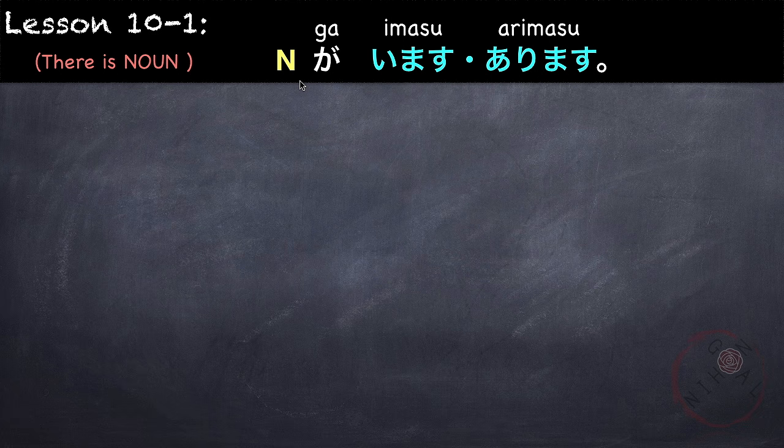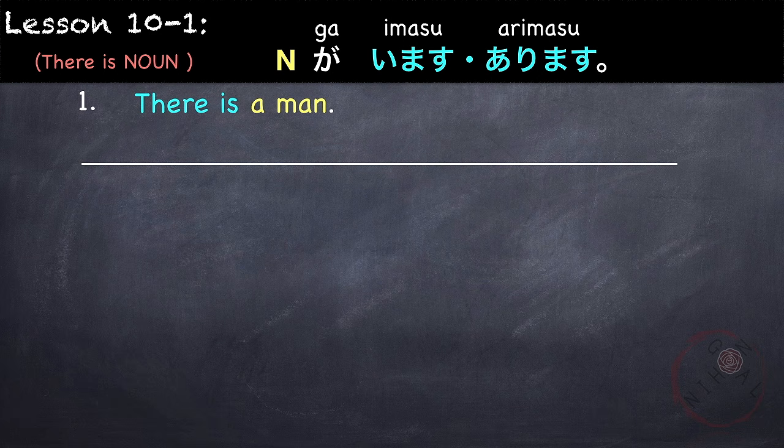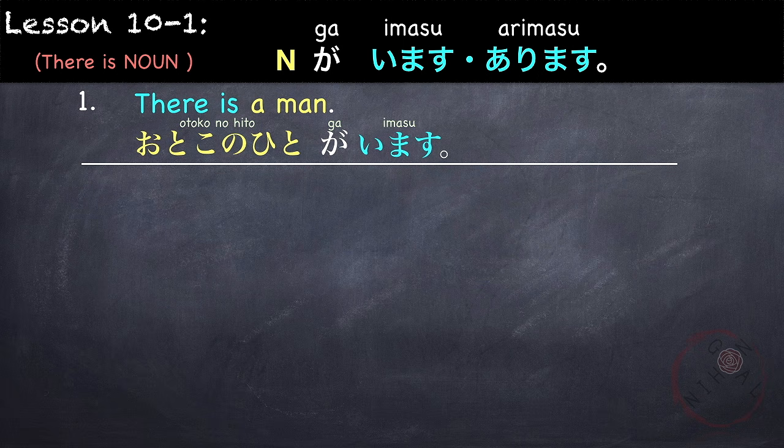In lesson 9, we learned that noun ga arimasu means to have a noun or to have an object. For example, there is a man. A man is otoko no hito, followed by the particle ga, and then imasu.